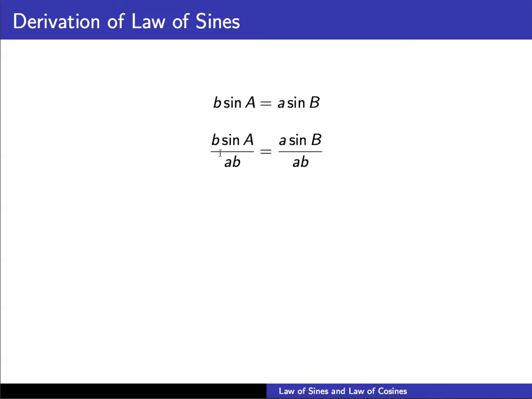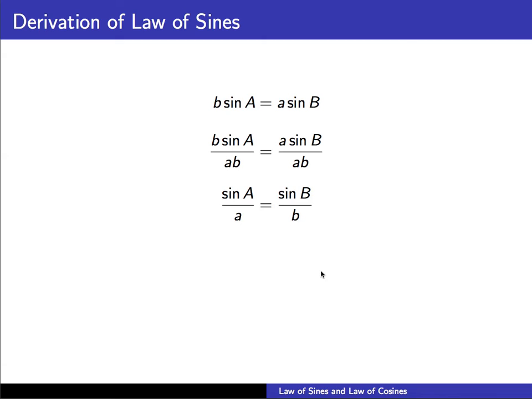The b's cancel out on the left, and we have the sine of angle A over the length of side a. The a's cancel out on the right, and we get the sine of angle B over the length of side b. And this is the law of sines for angle A and angle B in that triangle.